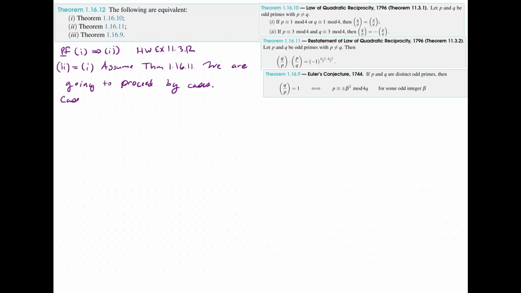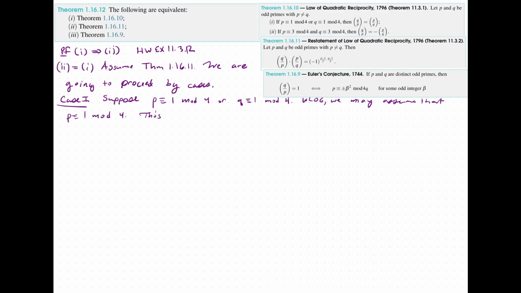So case 1, suppose that p is congruent to 1 mod 4, or q is congruent to 1 mod 4. Without loss of generality, we may assume that p is congruent to 1 mod 4.